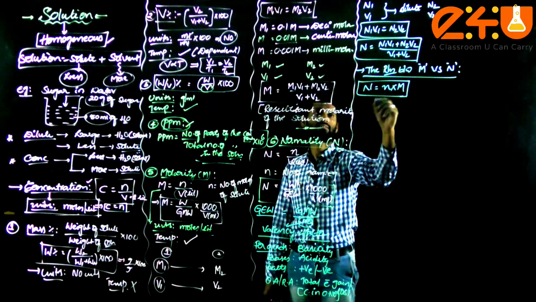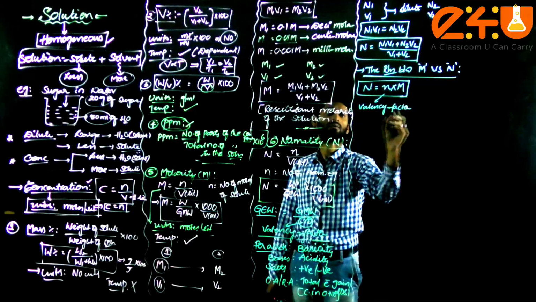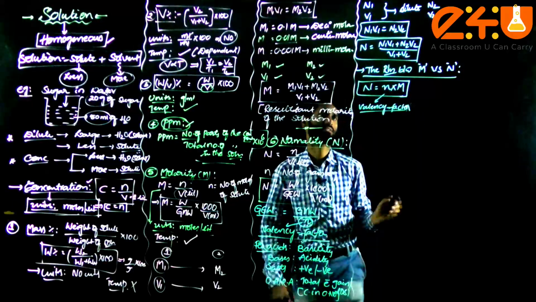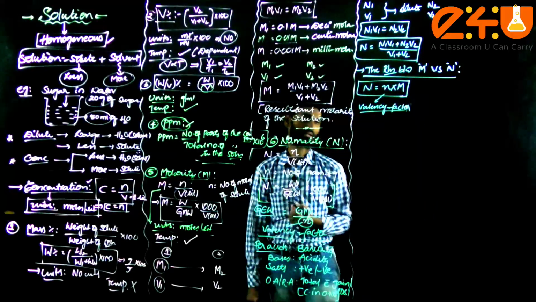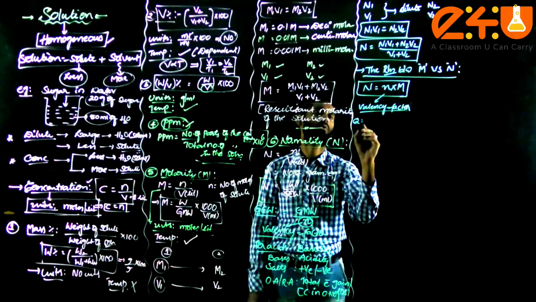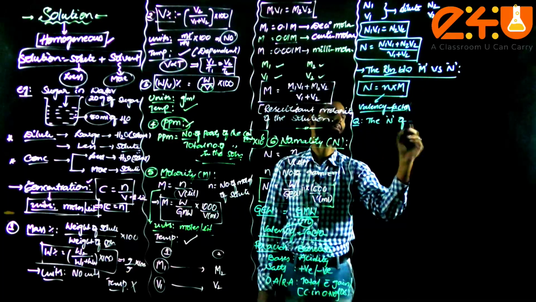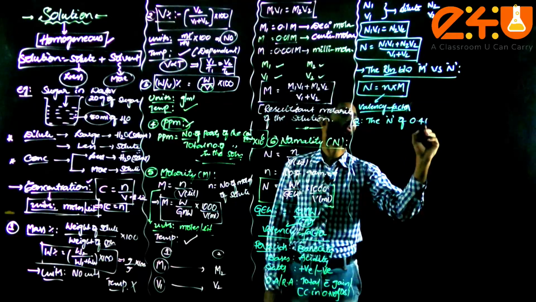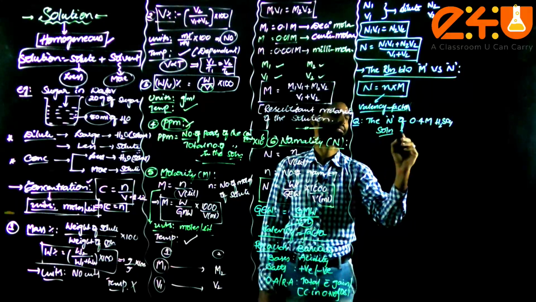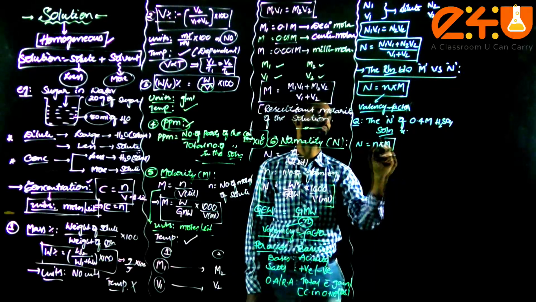Here n stands for the valency factor, and M indicates the molarity of the particular solution. For example, if they ask us to calculate the normality of 0.4 molar H2SO4 solution, simple: N is equal to small n into capital M, already we know the formula here.